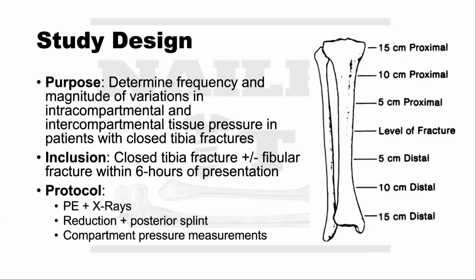And their protocol involved a physical exam looking for those 5 Ps, in addition to looking at radiographs to confirm that there was a fracture, followed by reduction of the fracture and splinting. And then they would measure the compartment pressure every 1 to 2 hours if the pressures were continuously rising, or every 4 hours if the pressures were relatively low or declining over time.